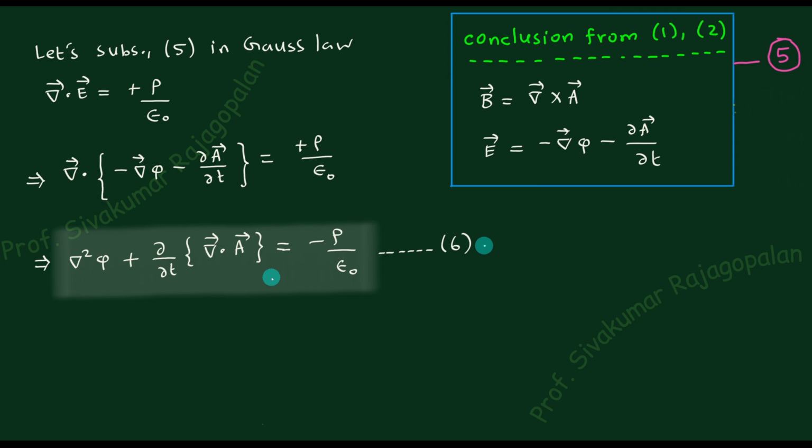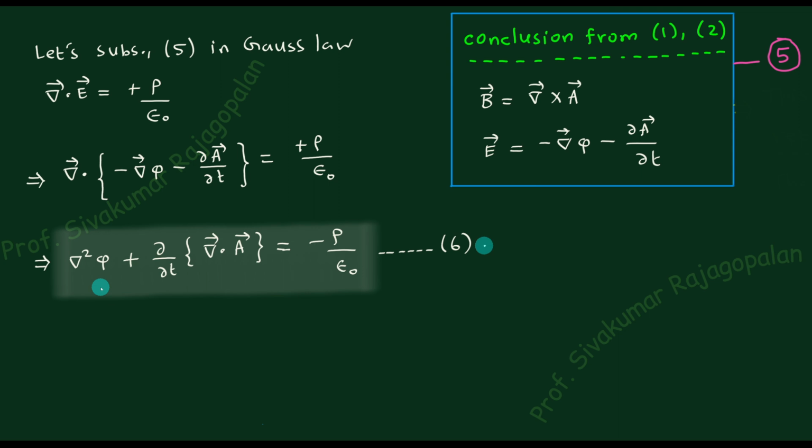What you understand is that this is the differential equation corresponding to the potential, equation number 6. So the differential equation for the potential is going to be more complicated than what you expected. We thought there is an advantage in doing the potential formulation, but ultimately the differential equations are going to be reasonably complicated.